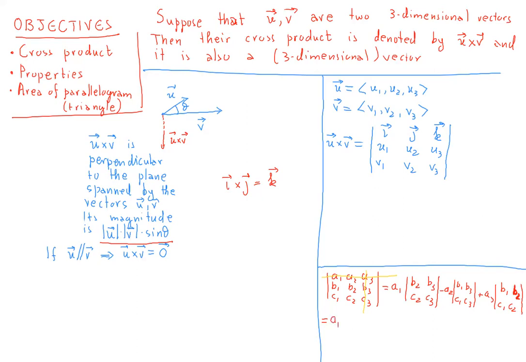So it will be A1 times (B2C3 minus B3C2), minus A2 times (B1C3 minus B3C1), and finally plus A3 times (B1C2 minus B2C1).